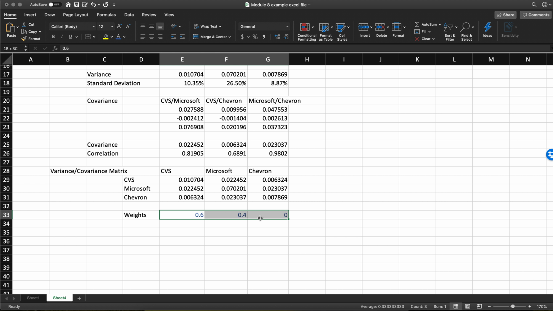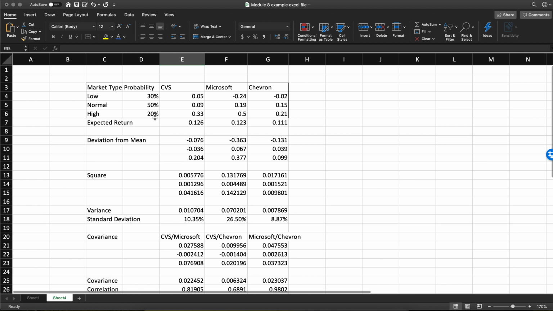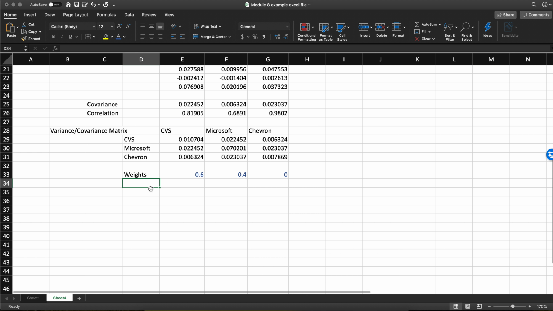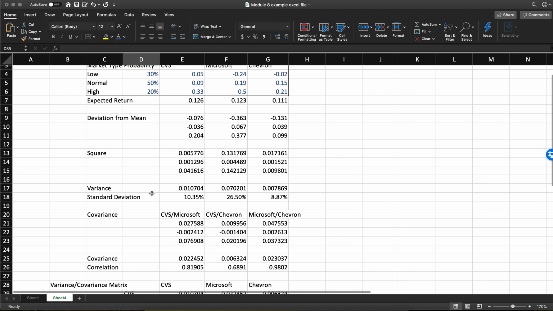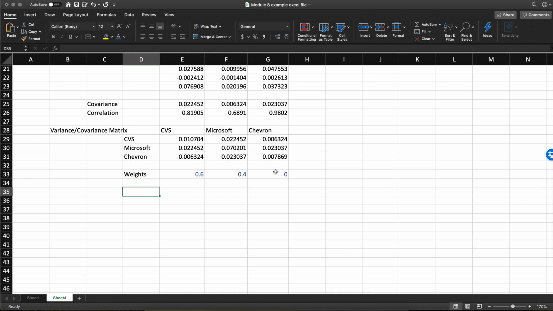Note that if you're working in an analyst job, a lot of times they make inputs blue. I think I mentioned that in earlier classes. It's optional. In theory, these would also be blue, and you could play around with these and see what would happen to your return in different states of the world. Here, we already were given that. It doesn't matter if it's blue, but we're going to do the weights.